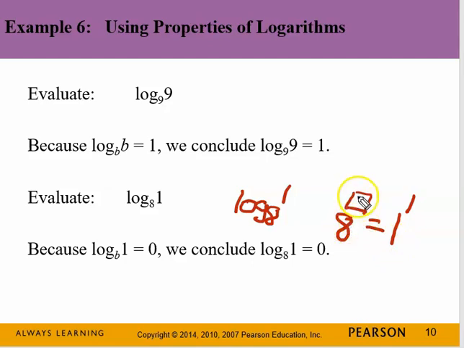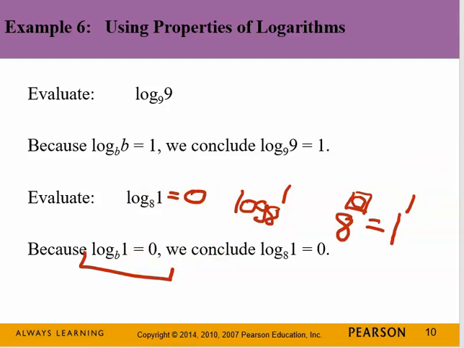Well, anything to the 0 power is 1, which we've mentioned before. Anything to the 0 power is 1. So there is our answer, that this would equal 0. That is the exponent in this form, where our base is 8 and the result is 1. The answer, the exponent, is 0.